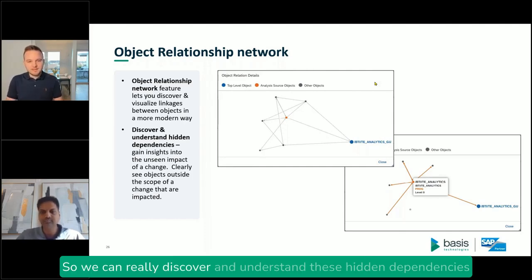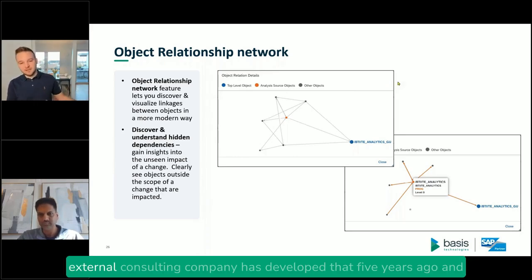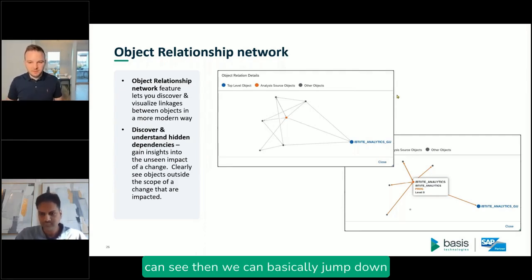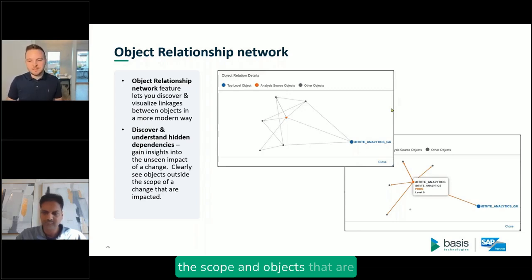So we can really discover and understand these hidden dependencies which we may not really be aware of, because some external consulting company developed that 5 years ago, and we need to do an urgent change, but no one really knows the dependencies in the background. And for example, on the right screenshot, we can jump down through the levels and clearly see objects outside the scope and objects that are in.